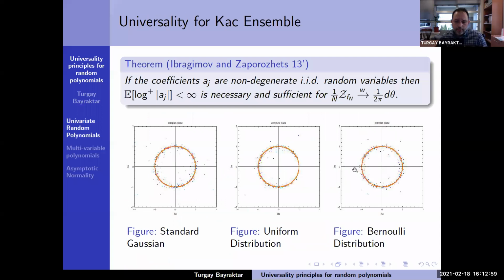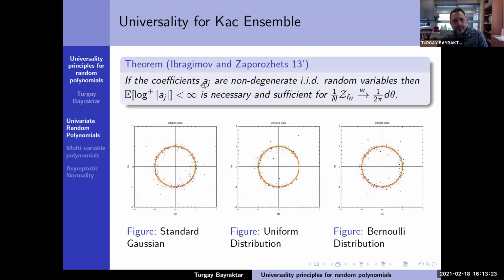So let's generalize, or at least state a generalization of the Kac theorem first. This was a recent result by Ibragimov and Zaporozhets, I think in 2013. This was a universality result in terms of the coefficients.